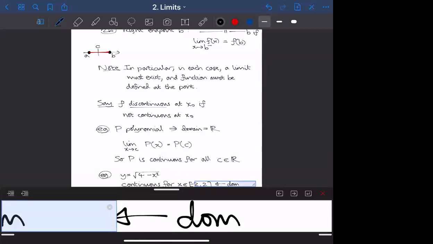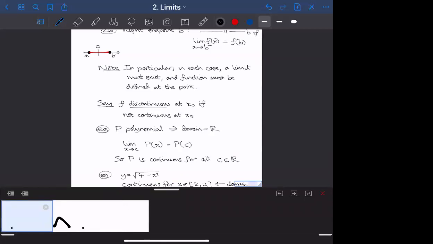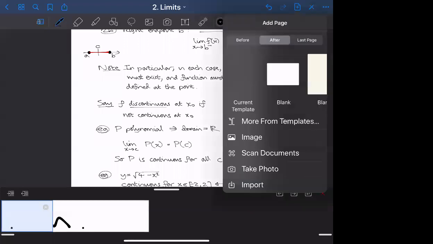So that's the domain. And that's because at the endpoints, the left-hand and right-hand limits exist, and they're both 0. We saw that just before, and the value is also 0.